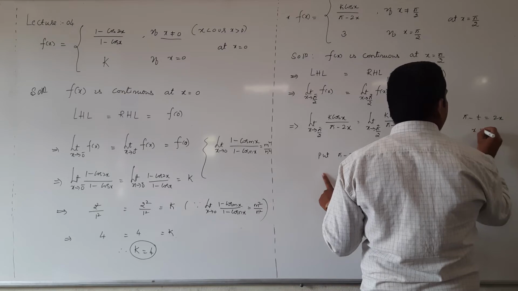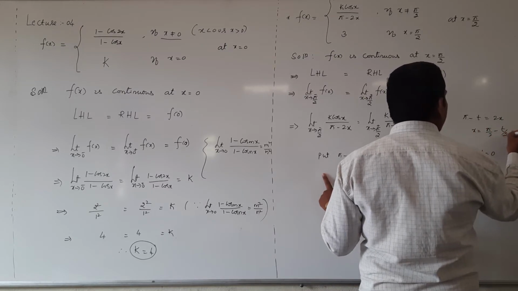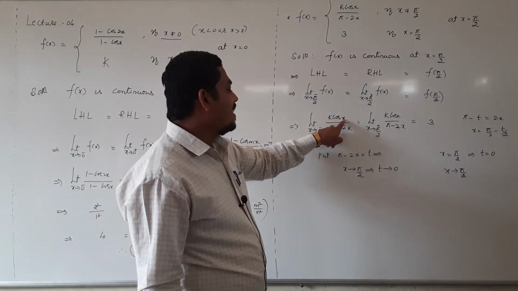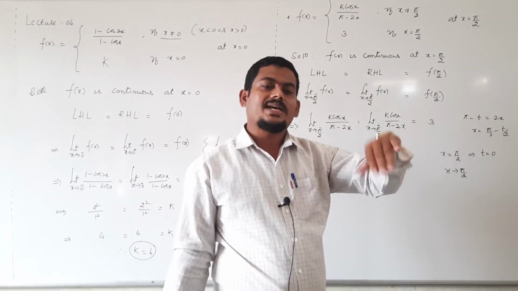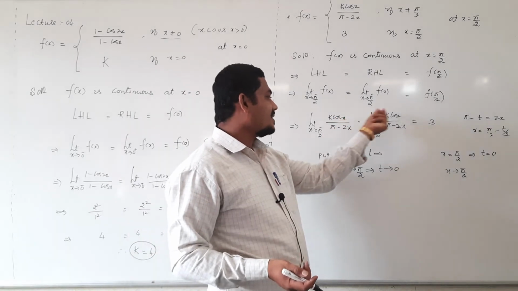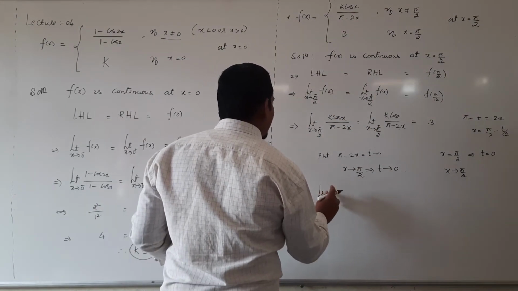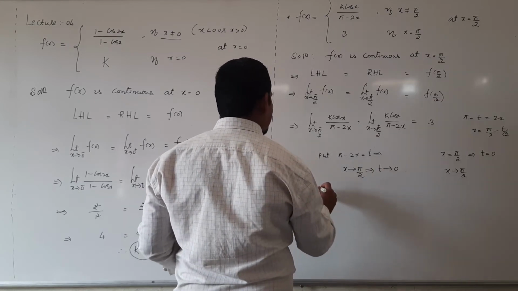Our requirement: x equal to pi by 2 minus t by 2. Got it? Replace x value, convert this limit in terms of t. Replace all x values. Now instead of x tending to pi by 2 it becomes t tending to 0.